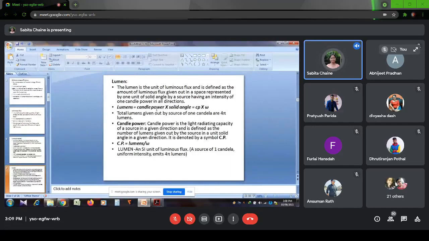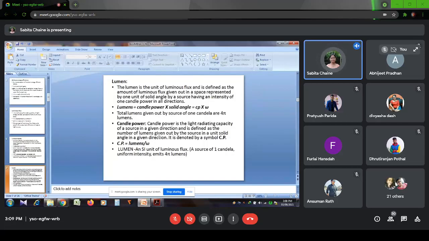So if a source emits one candela uniform intensity, it will emit 4 pi lumen. You will remember this: if uniform intensity of one candela is emitted, that is 4 pi lumen.